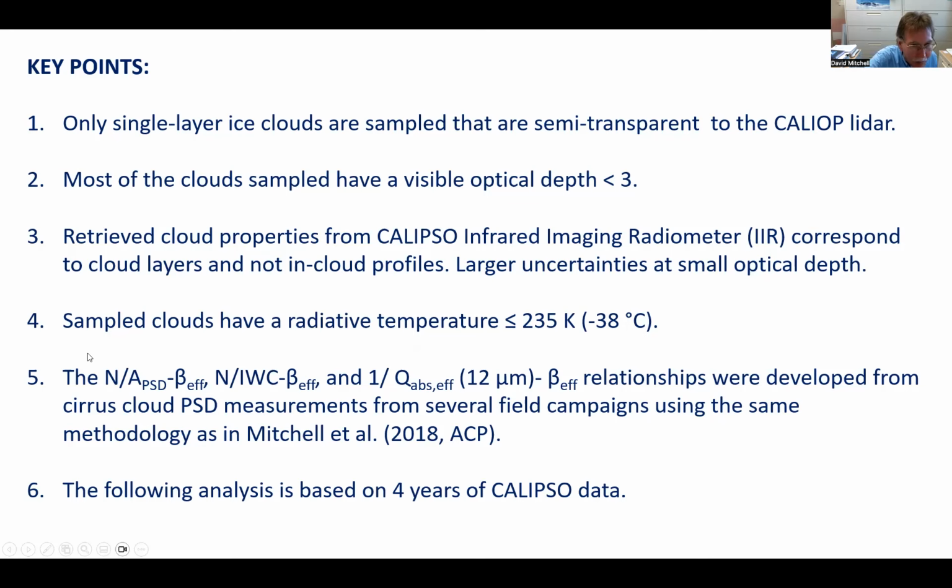The sampled clouds have a radiative temperature less than or equal to 235 Kelvin. That's our definition basically of cirrus clouds. And number 5, these beta relationships for the microphysical ratios were developed from size distribution measurements from several field campaigns like SPARTICUS, ATTREX, and POSIDON, using the same methodology as in Mitchell et al. 2018. And all of this is based on 4 years of CALIPSO data.